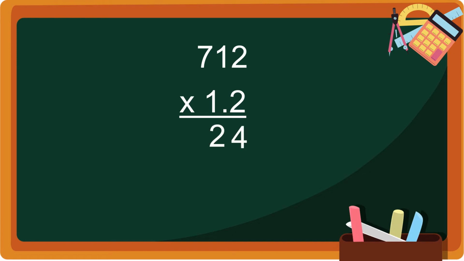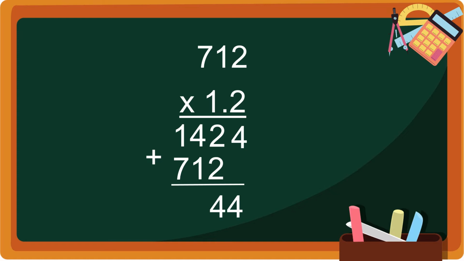Then 2 times 7 is 14. Then we have 1 times 2 is 2. 1 times 1 is 1. 1 times 7 is 7. Then get the sum. So bring down 4. 2 plus 2 is 4. 4 plus 1 is 5. And 1 plus 7 is 8. Therefore, the answer is 8,544.